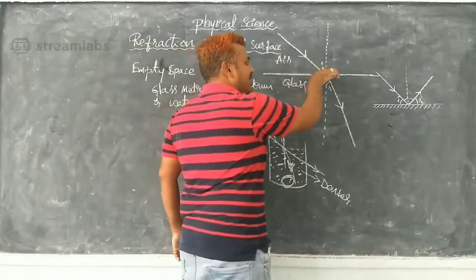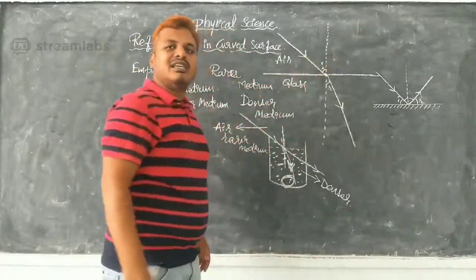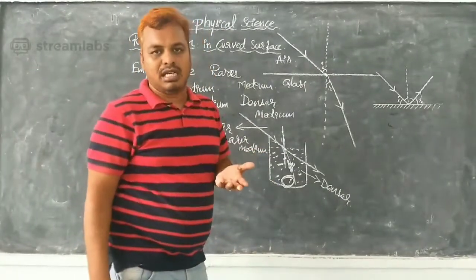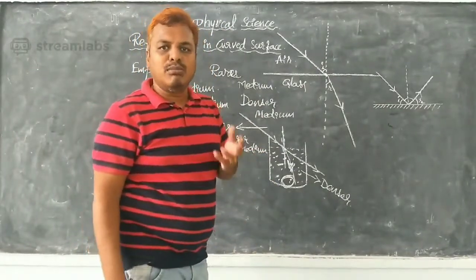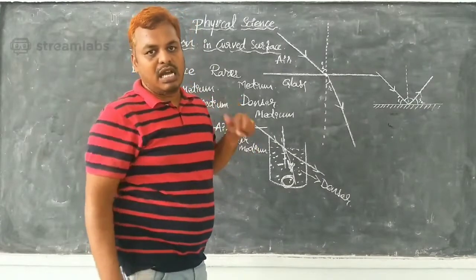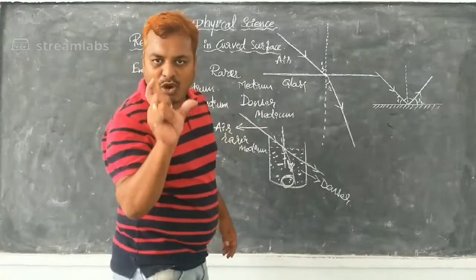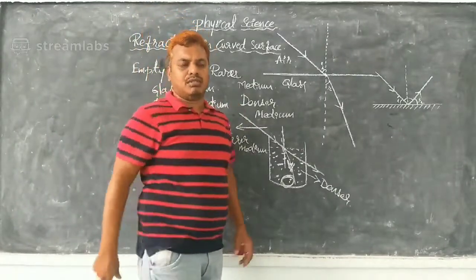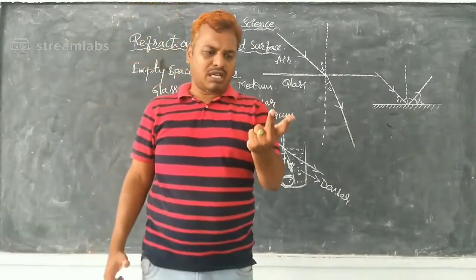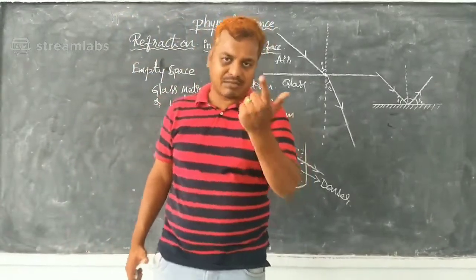If the light ray reflects back, then it is a glass, okay? It is a mirror, let me say. When a light ray strikes the mirror, it will reflect back. But in the glass medium, water medium or air medium, these three mediums we usually discuss.